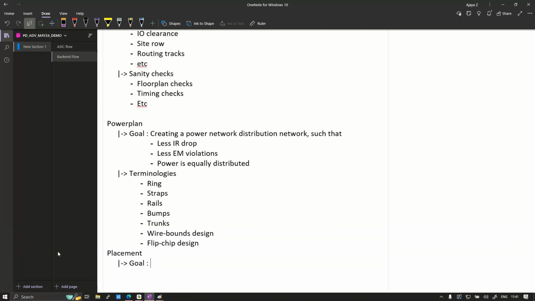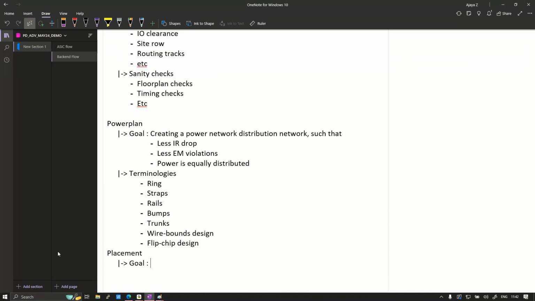Each and every cell placement is difficult. If I have to observe the timing and place that particular cell in that location, it's very difficult for any engineer to place those cells manually. So this task is done by the tool.